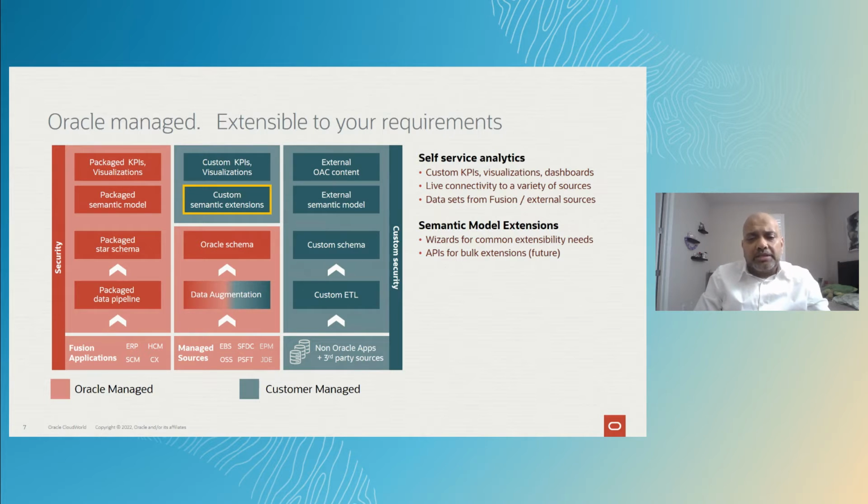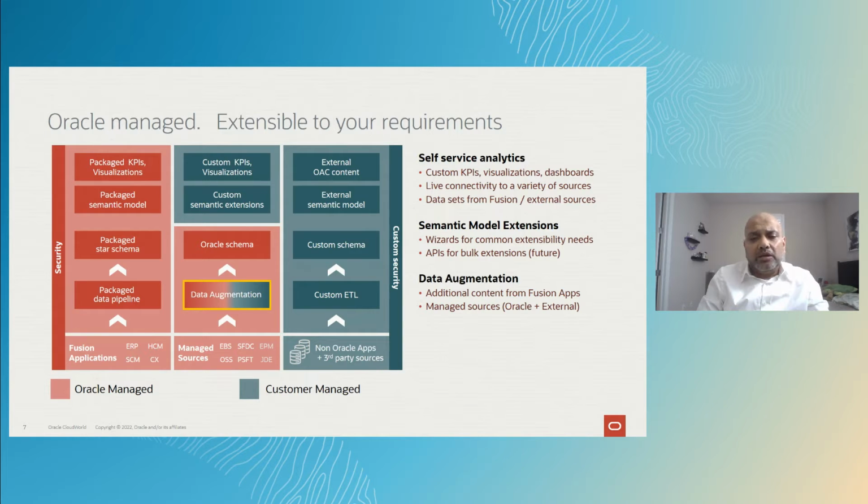Then you can also extend the existing semantic model that comes with Fusion applications. The widgets for common extensibility needs are already provided. Then we are working on APIs for bulk extensions as well, which is coming in the future.